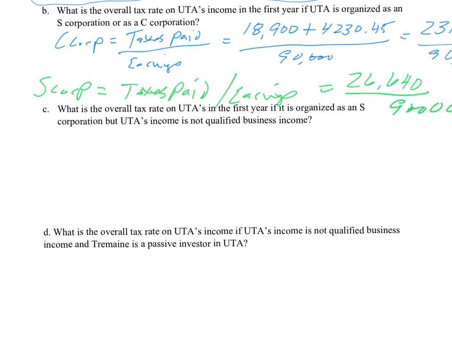Okay, so if it's not qualified business income, so say they're in one of the service lines that is restricted from using the QBI deduction, okay, then the overall tax rate is 37% because you don't have a cut for the QBID.